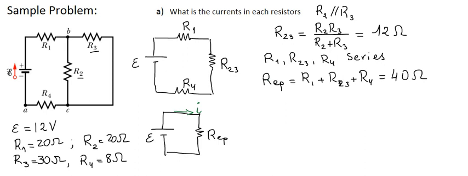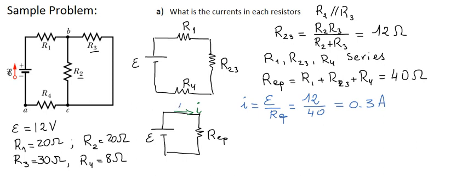I equals E over R equivalent, 12 volts over 40 ohms, and that gives you a current of 0.3 ampere.